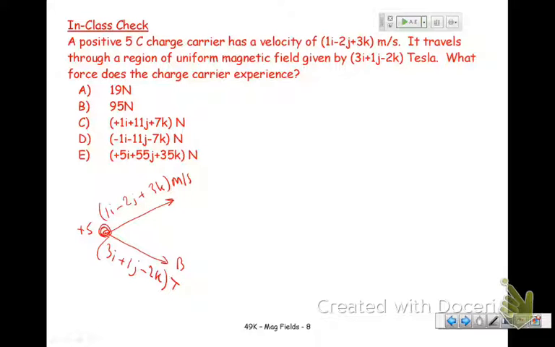My guiding principle, my principal equation, is that FB, which is a vector, is equal to QV crossed with B. So let's do our V crossed with B bit first. So IJK. And remember it's V, so I've got to find on here my V. So it's going to be 1, minus 2, plus 3.